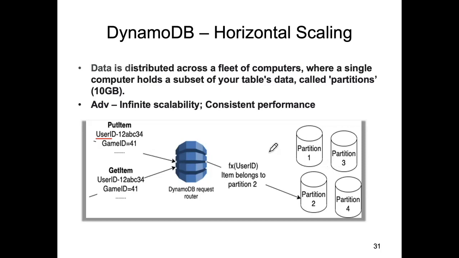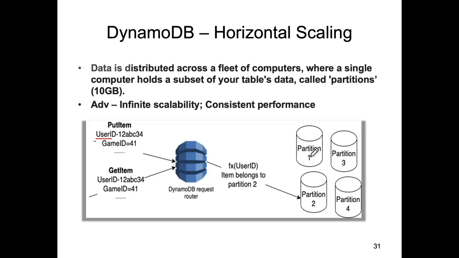So the partition key that you choose is significant. It determines what partition a record is stored in. And I did say that whatever attribute you decide to be the partition key, its range of values should be diverse, because if they're not diverse, then that means that everything might go to one particular partition, and we don't want that.